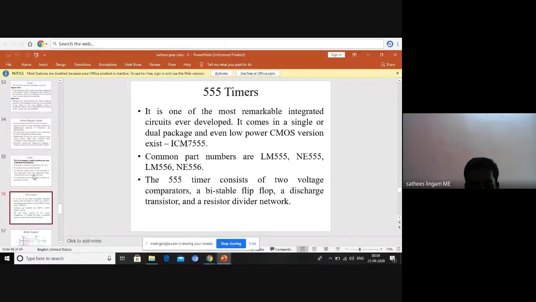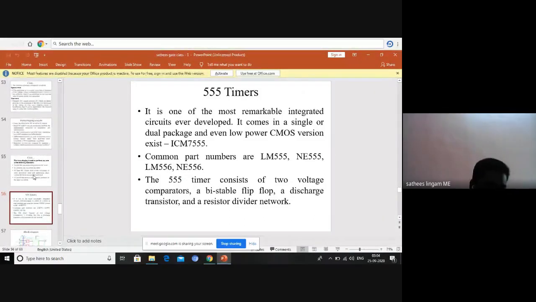The common part name is the 555 timer. A timer is generating the timing signal, an oscillation signal. Just keep it in mind, because when you purchase in the market, you will find LM555, NE555, LM556, NE556, each having different configurations and different oscillations.